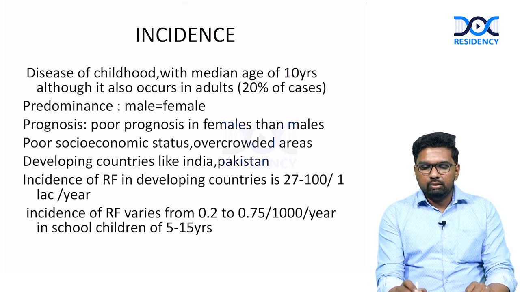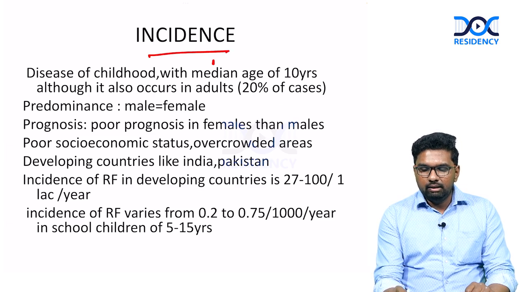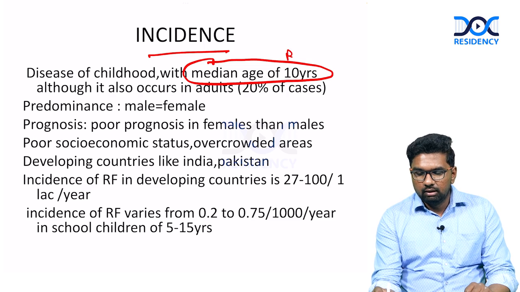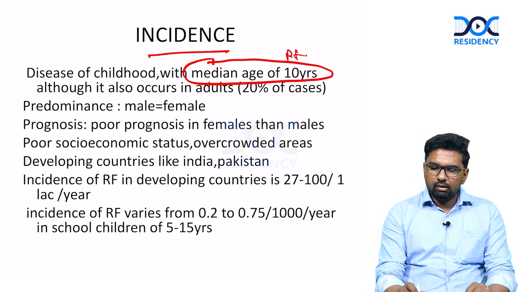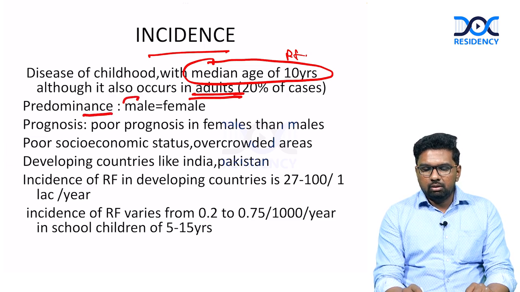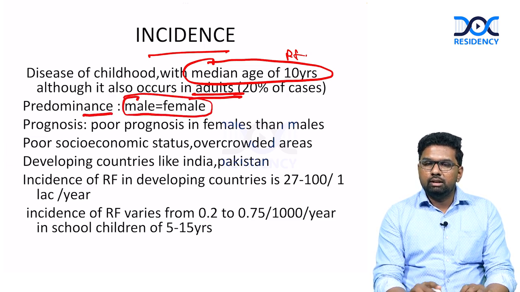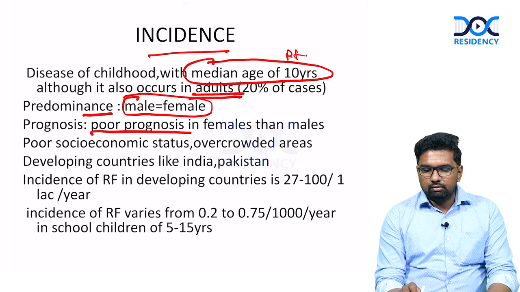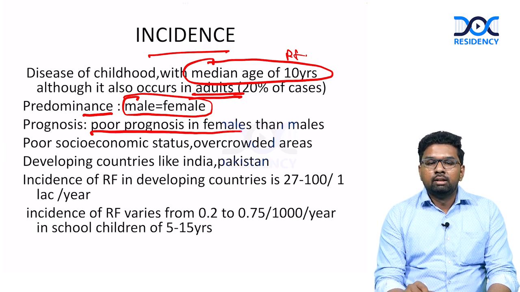Okay, so coming to the incidence, the median age of rheumatic fever is 10 years. Although it can also occur in adults. It is equally common in males and females. But if rheumatic heart disease affects a female, the prognosis is very poor compared to males.